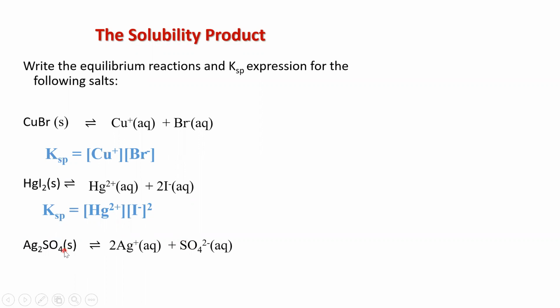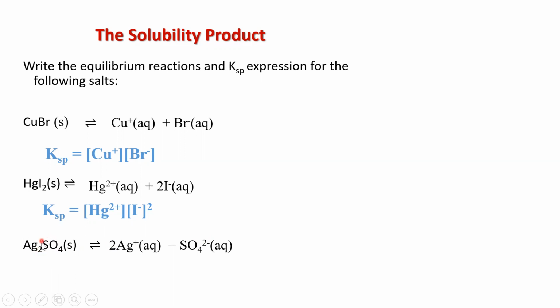There's a 1 assumed to be out here, so the charge on the silver is a +1 and the charge on the sulfate is a -2. So that's where this +1 and -2 comes from. We have 2 silvers on the reactant side, so we need 2 silvers on the product side.